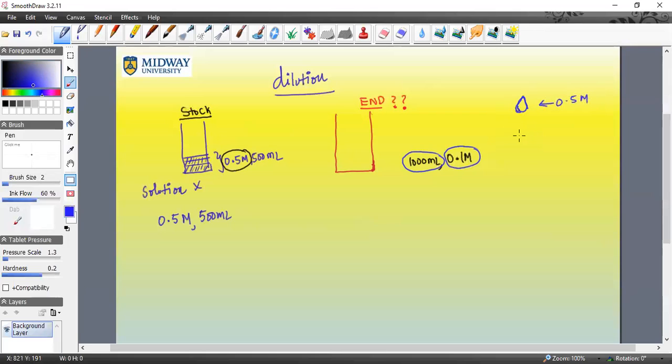If you take 2 drops, that will also be 0.5 molar. That's the beauty of science. It doesn't change because you go to a different city, different state, different university, different country. The idea is essentially the same. Every drop in this 500 is 0.5.